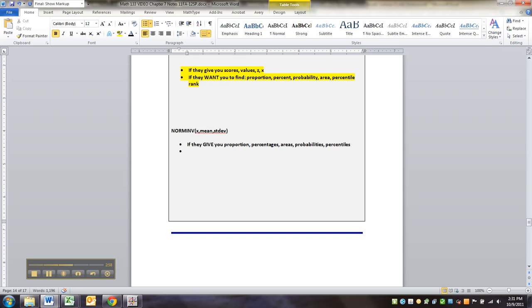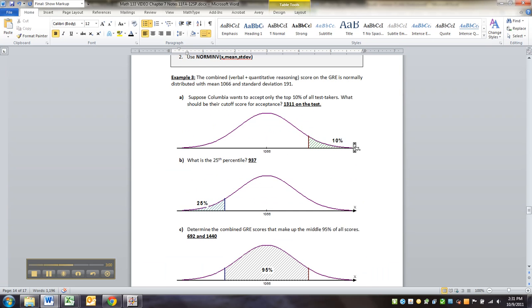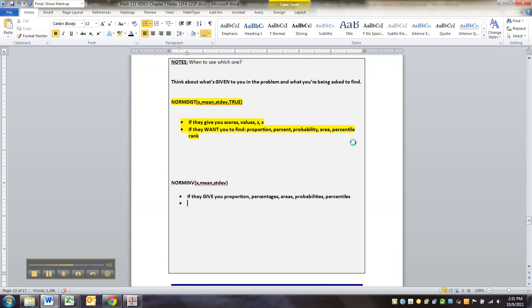What are they asking for in return? Well, it's a little bit more vague. This one's kind of the hard part to write about all this. But if they want scores, values, z, x, any of those things, I'm going to star this just so you know.